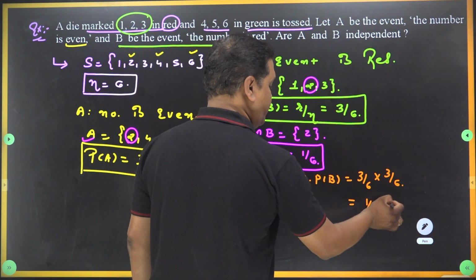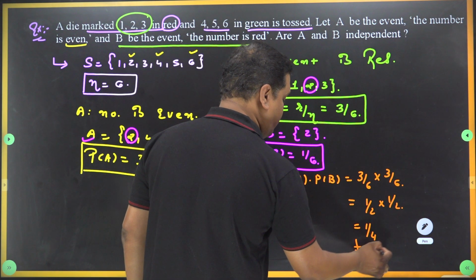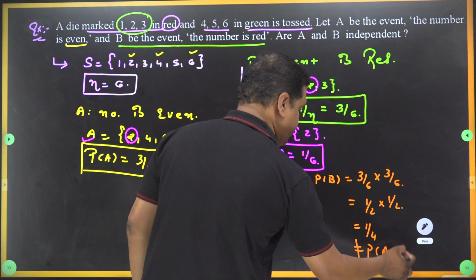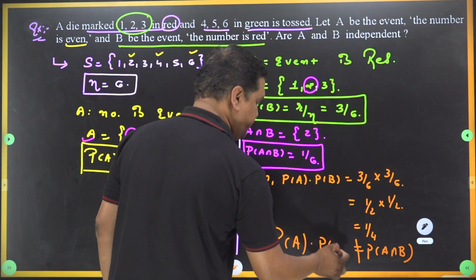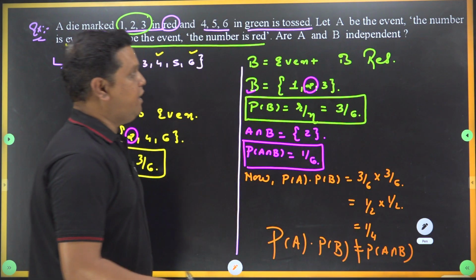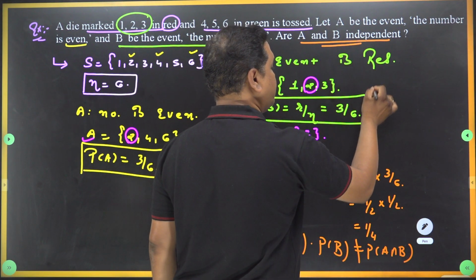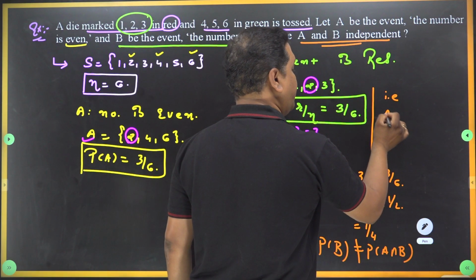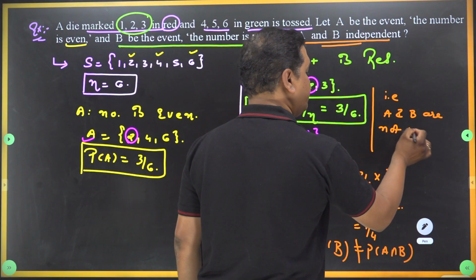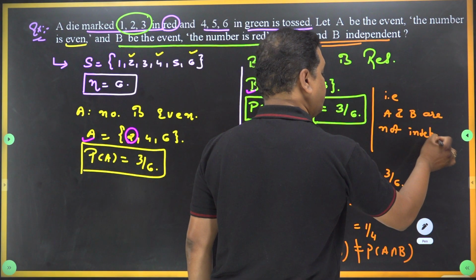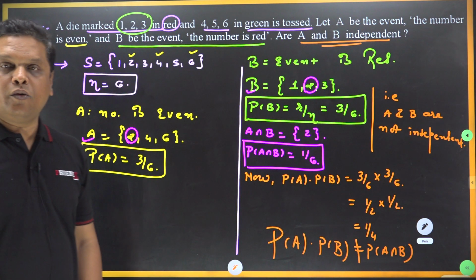So 1/2 into 1/2, 1/4, that is not equal to P of A intersection B. So product of event A into event B is not same as the A intersection B. अगर दोनों सेम नहीं है, that means A and B are not independent. Okay.